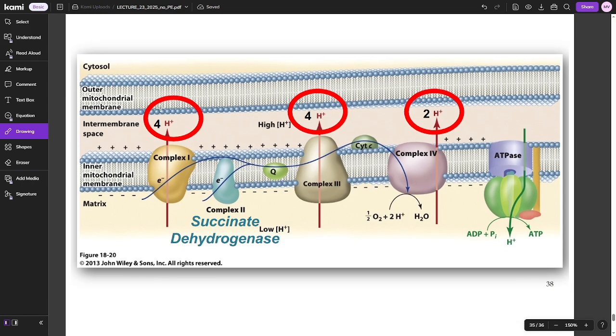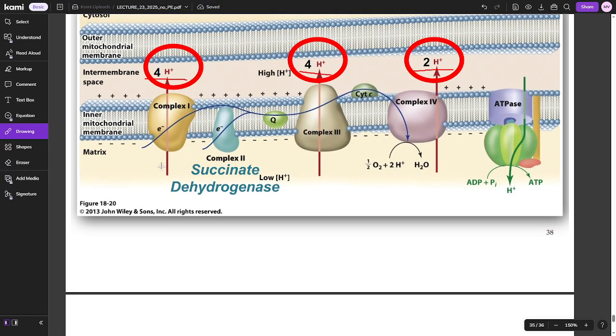You can see here that NADH causes 4 H pluses to go from complex 1, 4 from complex 3, and 2 from complex 4. FADH2, though, only gets 6 H's total. So 4 from complex 3 and a couple from complex 4.